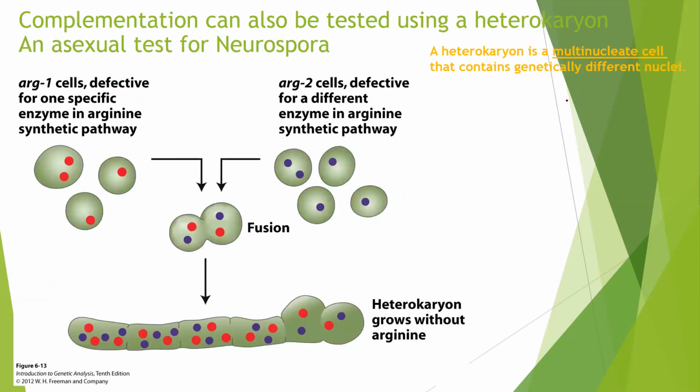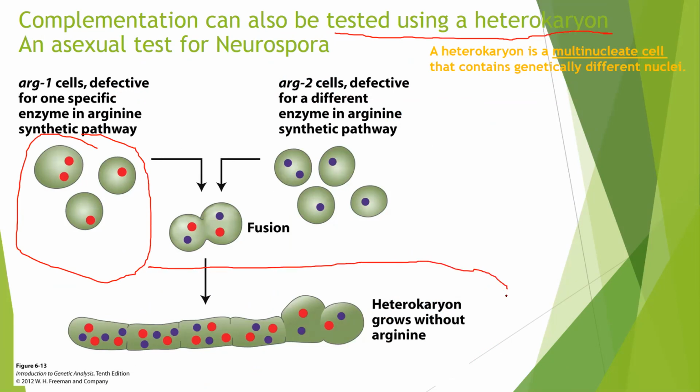Okay, so in Neurospora, the complementation can also be tested using the heterokaryon. So for example, this is the mutant. It cannot grow without arginine. The same for this type of mutant. It cannot grow without arginine.